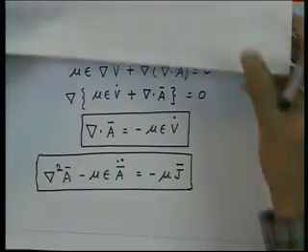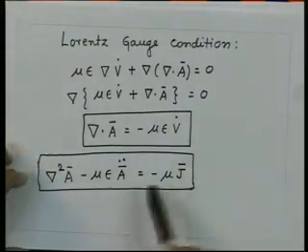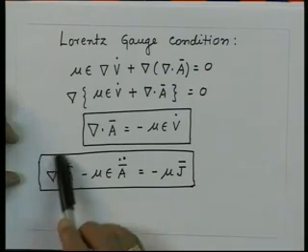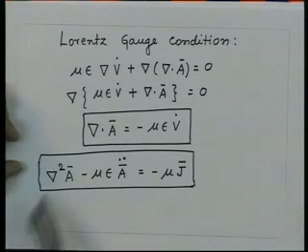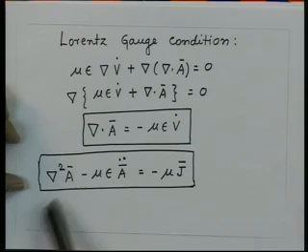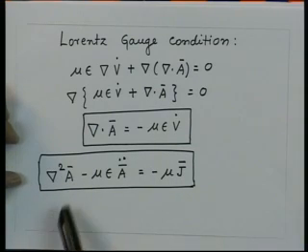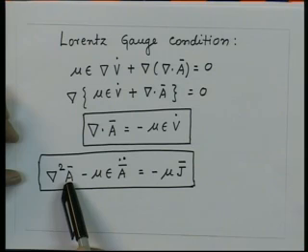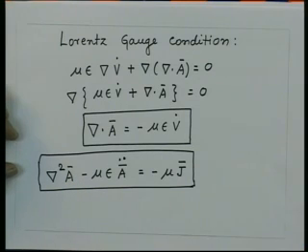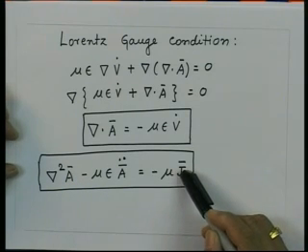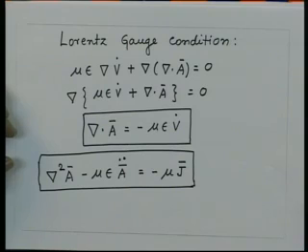The second thing we note from this equation is that the operator del square is a scalar operator. So, this equation as such is a scalar equation. The vector nature comes only because of the magnetic vector potential and the conduction current density, which are vector quantities.